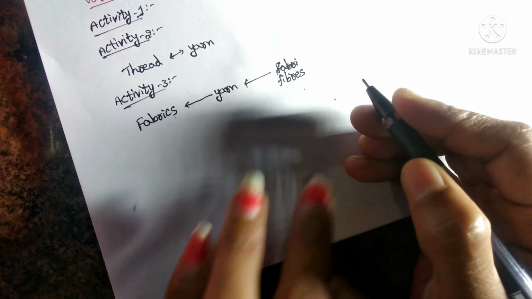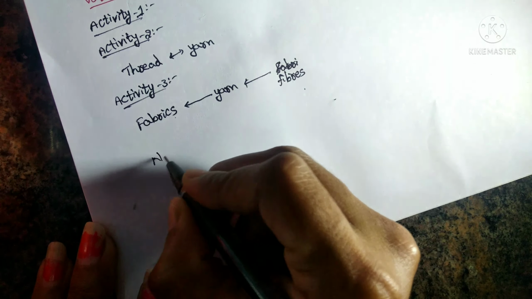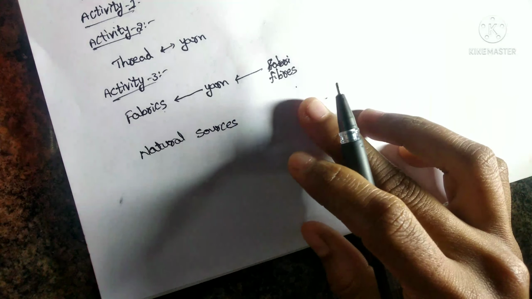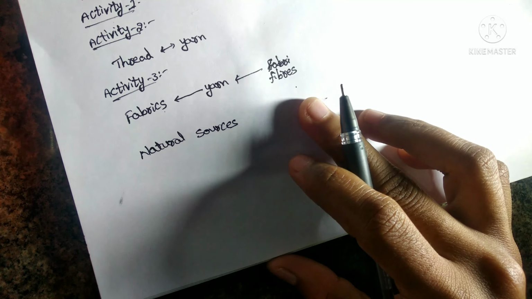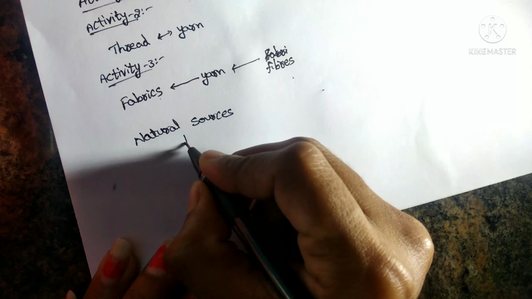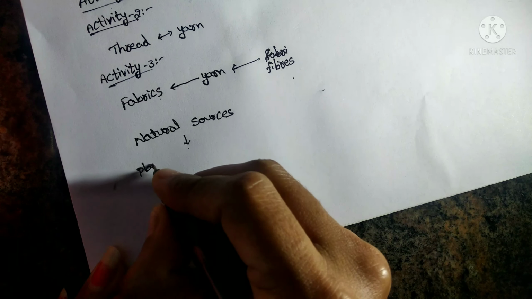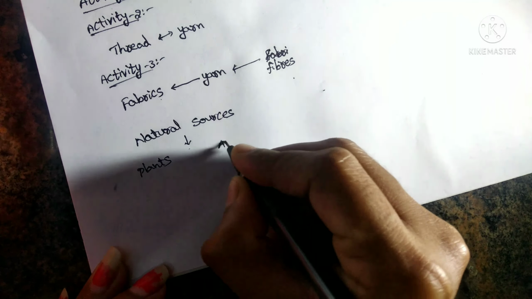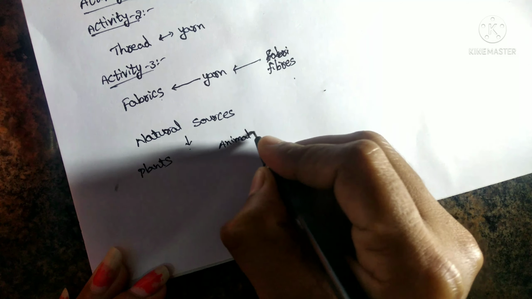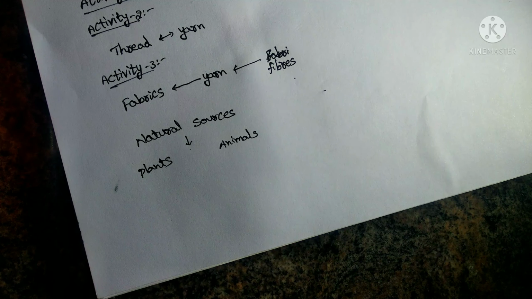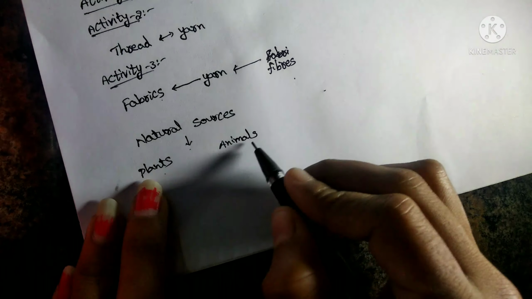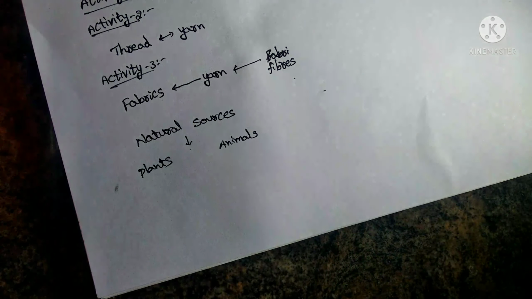Fibers come from natural sources. Natural sources are nothing but plants and animals. Generally we consider these two only. From plants and animals we get the fibers.